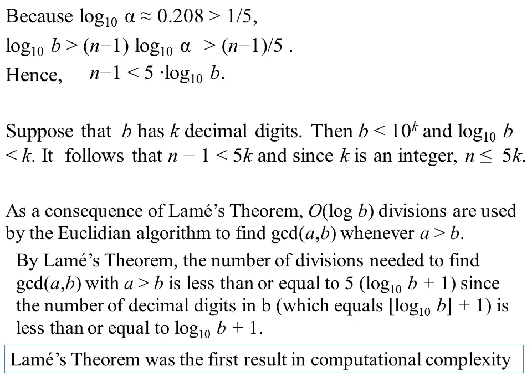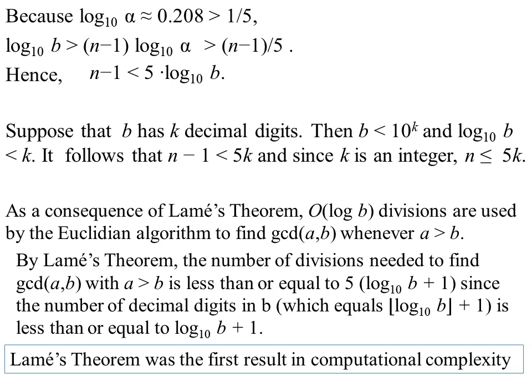Now let us check it out. By Lam's theorem, the number of divisions needed to find GCD of A comma B with A greater than B is less than or equal to 5 times log B base 10 plus 1. Why is this?